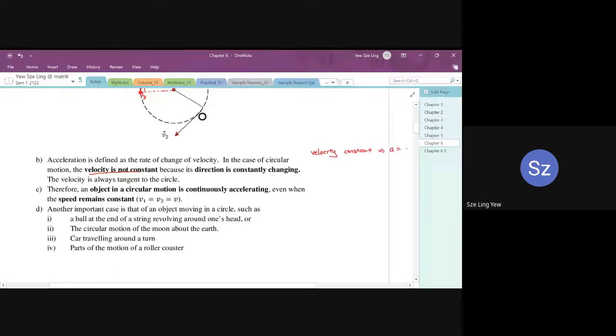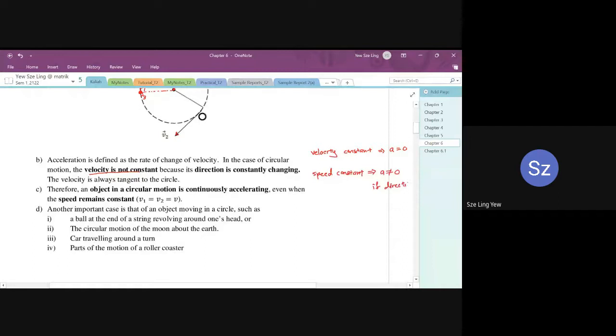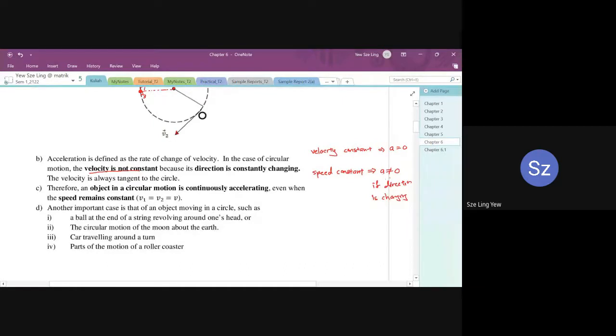It means A equals 0. But now what we are looking at, we say speed is constant, but not velocity. Speed is constant, it doesn't mean that A is equal to 0. A could be not equal to 0 if the direction is changing.